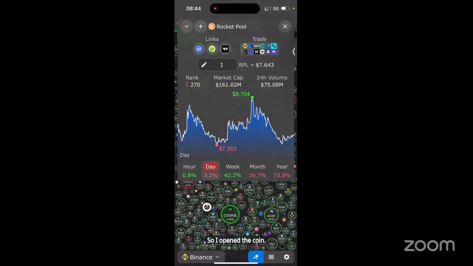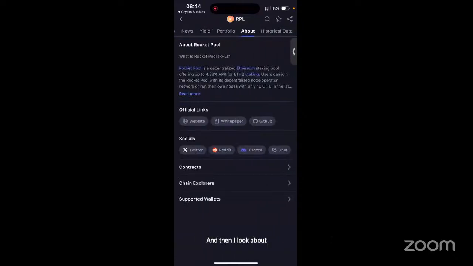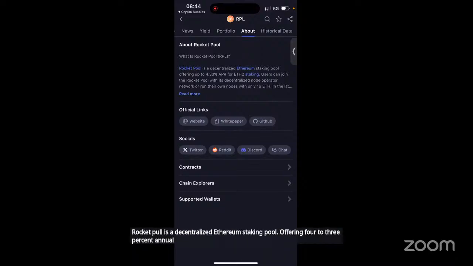It is up 8%. Okay, then I go to CoinMarketCap, and then I look at the coin. Rocket Pool is a decentralized Ethereum staking pool offering a 4 to 3% annual return to Ethereum users who join.